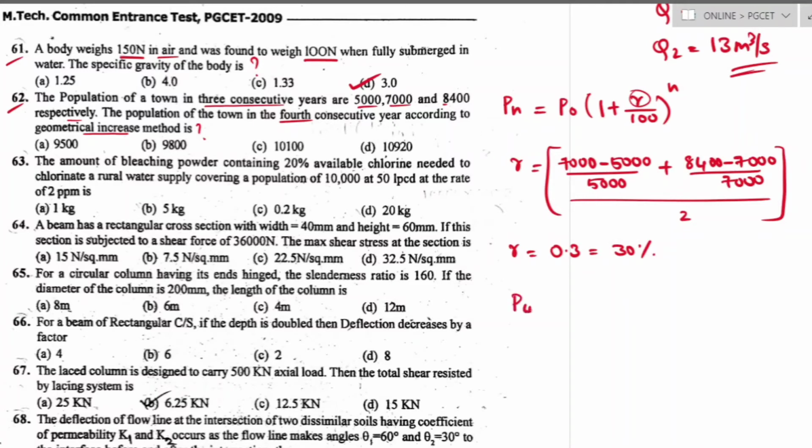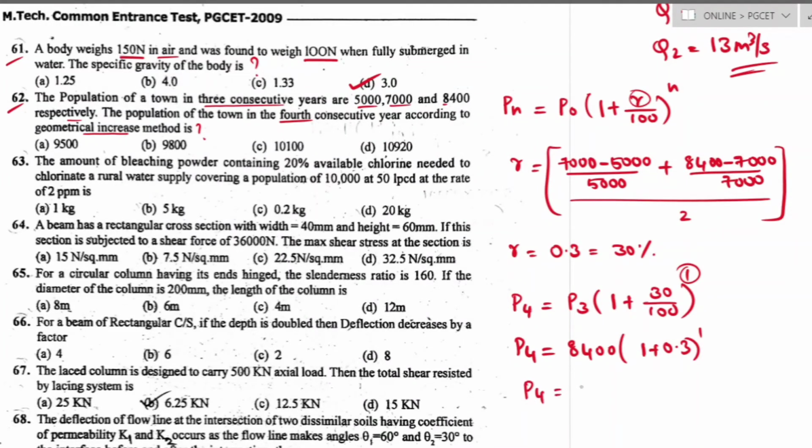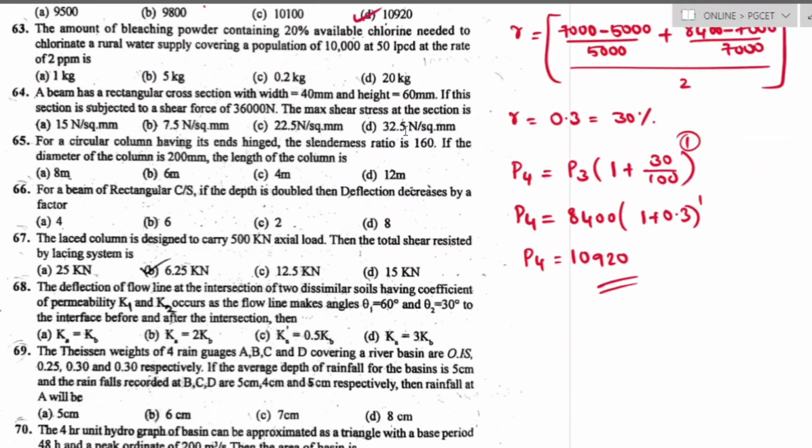Population for the 4th consecutive year is given by P3 into (1 plus 30 by 100) to the power of 1, where n is the number of decades. So P4 is equal to P3, that is 8,400, into (1 plus 0.3) to the power of 1. On solving this, you will get the population for the 4th consecutive year is 10920. Option D is the right answer, 10920.